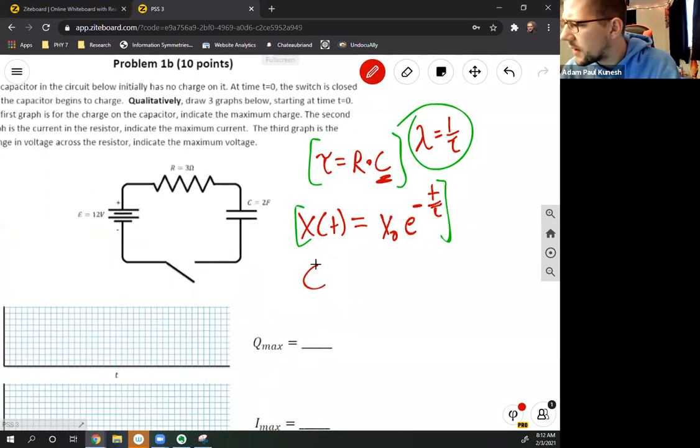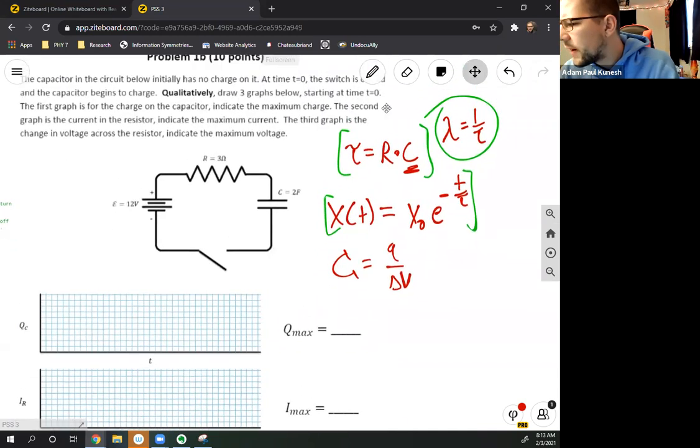Capacitance, I said earlier, is basically a measure of willingness of a capacitor to carry charge. Capacitance is Q over delta V. Double check myself. If I increase my C, I increase either Q or I decrease the voltage required to keep the same charge. Yep, okay, that looks good.